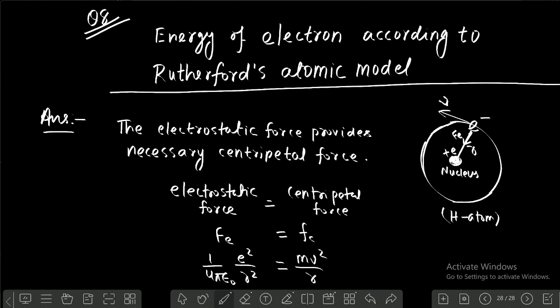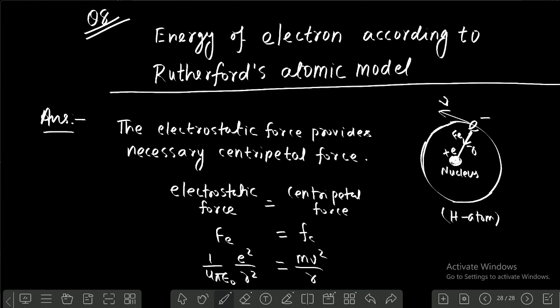First you find kinetic energy, then you find potential energy, then add both: kinetic plus potential. To find kinetic energy, from this equation you get mv square. This mv square will give you kinetic energy, because if you multiply mv square by half, it will be kinetic energy. Yes or no? Clear, all of you?